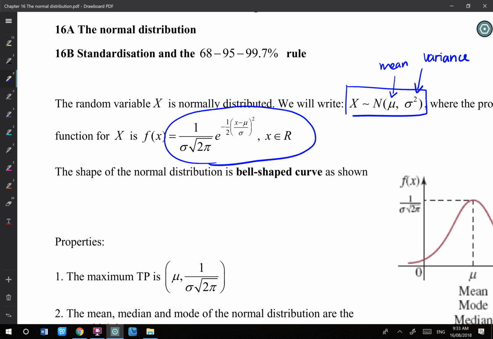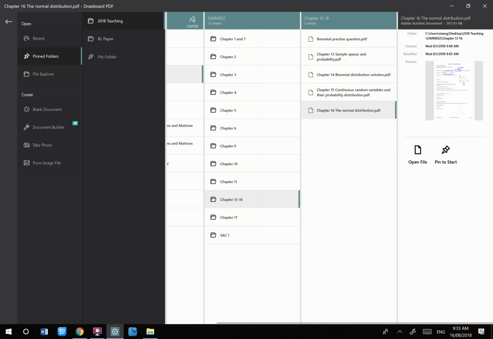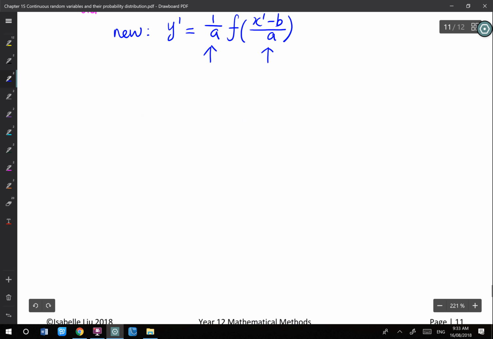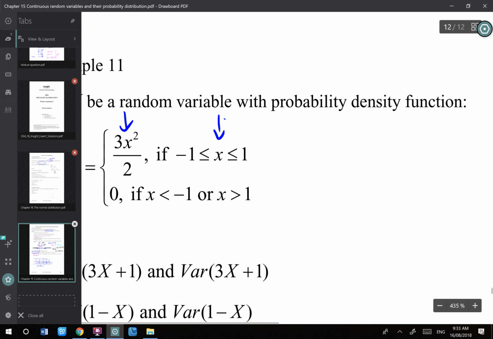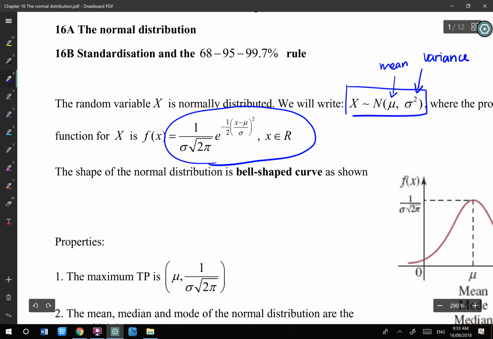Like before, if I open another one for you in chapter 15, that can be my density function with a quadratic and domain is -1 to 1. It's a very simple density function. But now, unfortunately, we have a very complex one. If I have a density function that looks like this, then it is called a normal distribution.